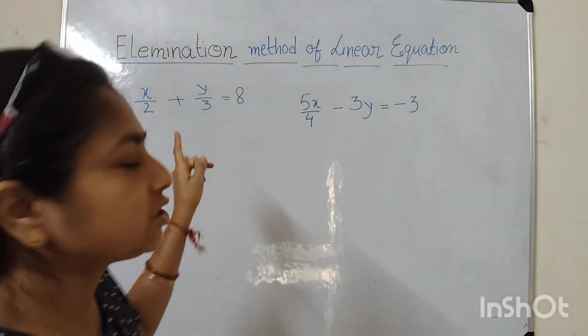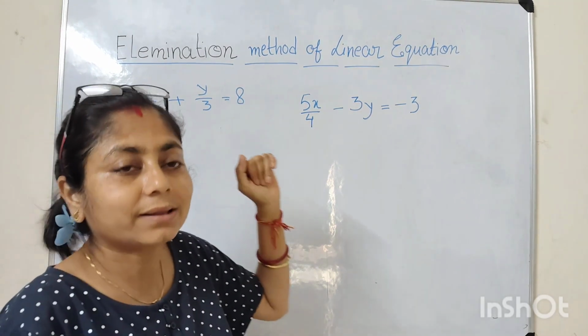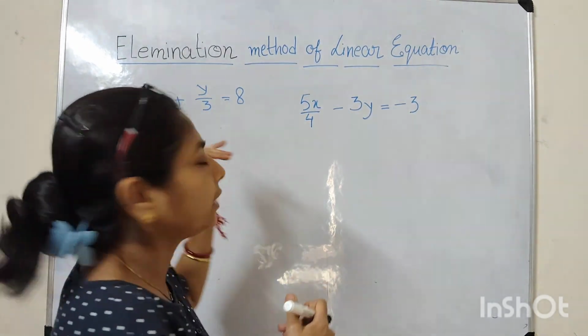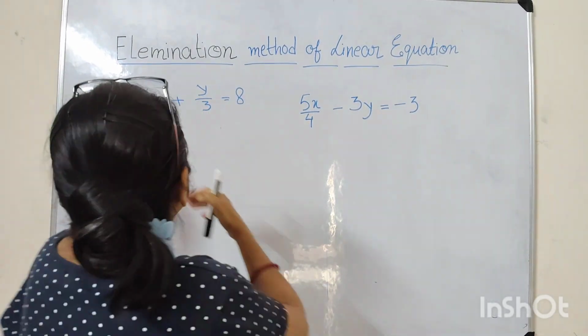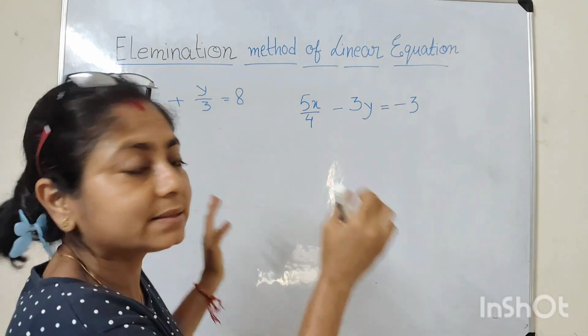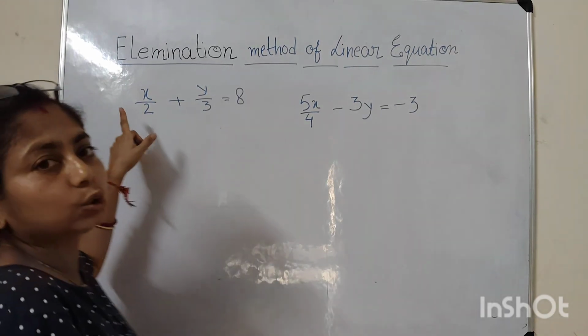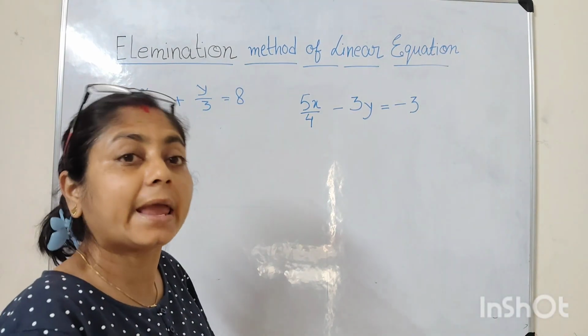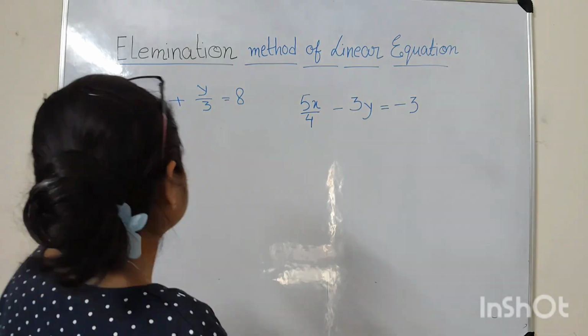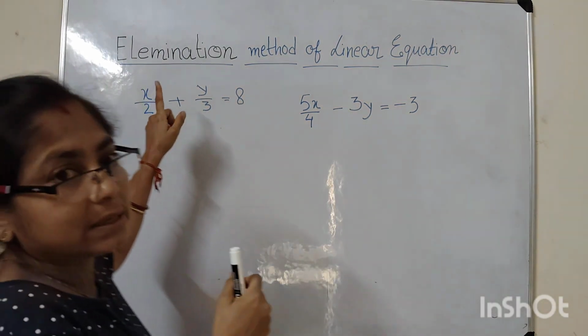Now, we will check the next math. In this math, it is not a normal equation, it is fractions. So in that case, what are you doing? First, you make it a simple equation. There is x by 2, y by 3. First, you take the LCM of 2 and 3. The LCM is 6. So you multiply it by 6.